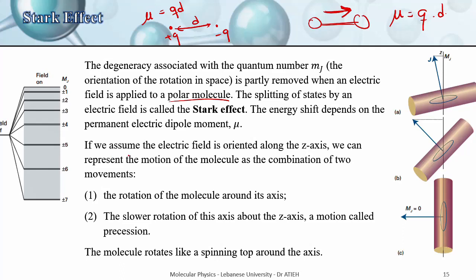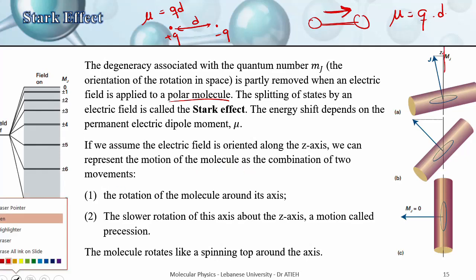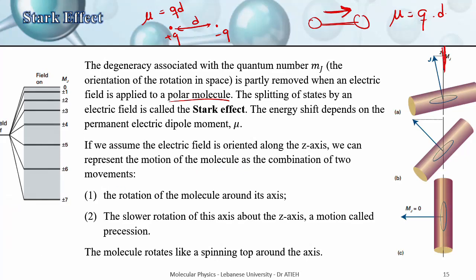Now if we assume that the electric field is oriented along the z-axis, we can represent the motion of the molecule as a combination of movements. This is the z-axis where we assume that the electric field is oriented. So this is the electric field. This J represents the angular momentum of the molecule.